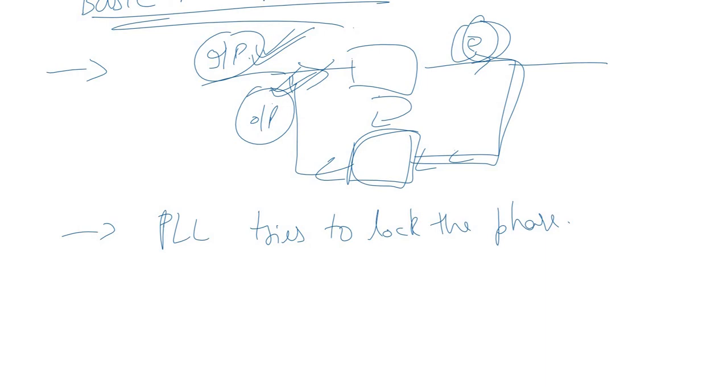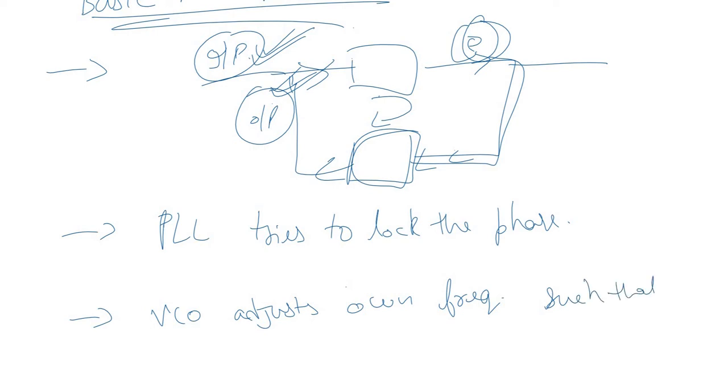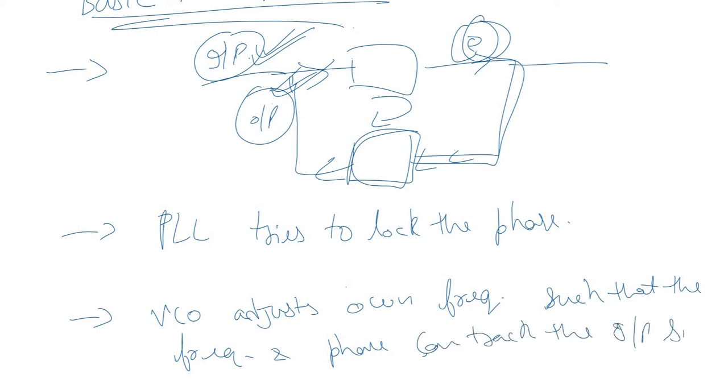So in case of PLL, the VCO adjusts its own frequency such that the frequency and phase can track the phase and frequency of the input signal.